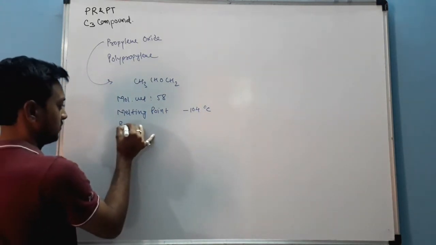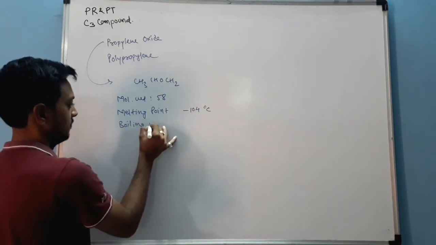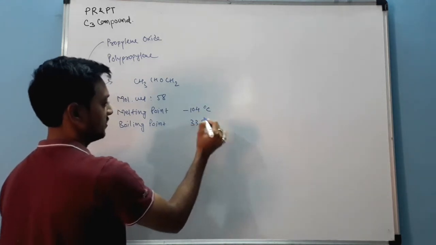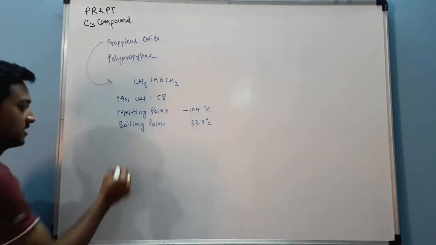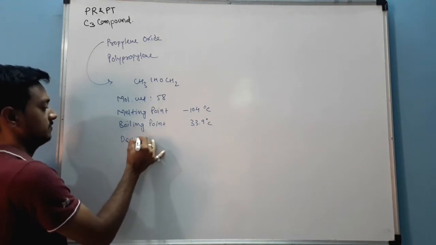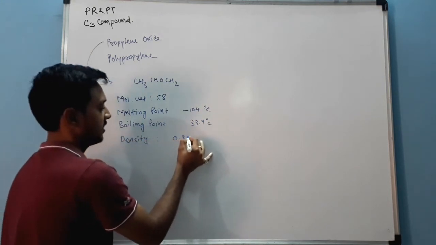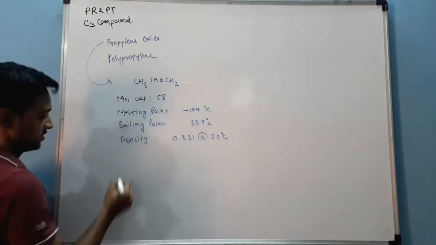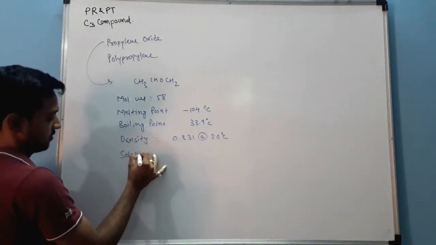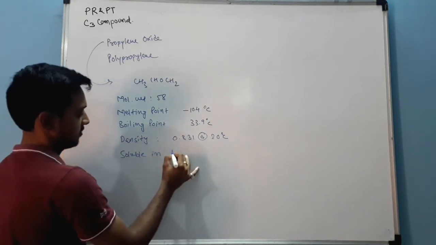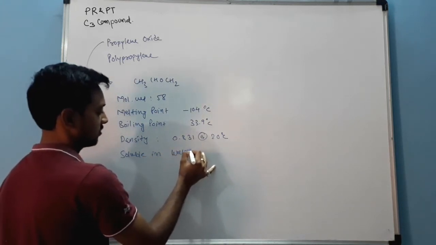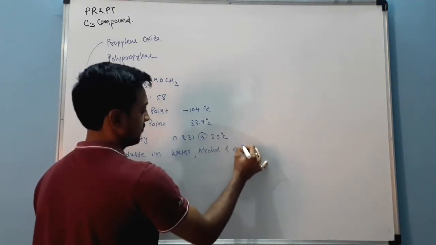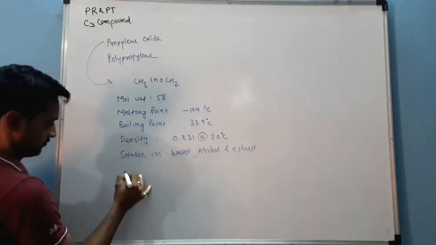Boiling point 33.9 degree Celsius. Density 0.831 at 20 degree Celsius. Soluble in water, alcohol and ether.